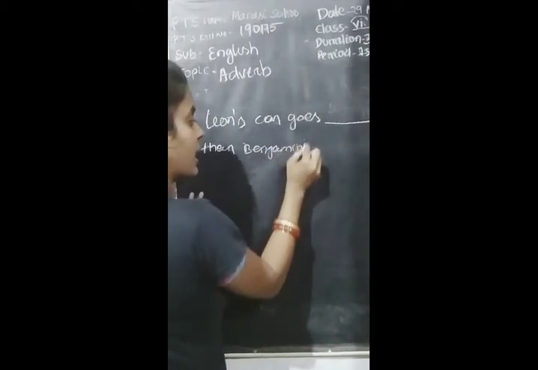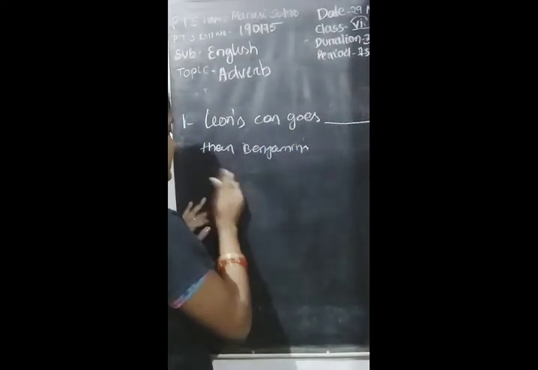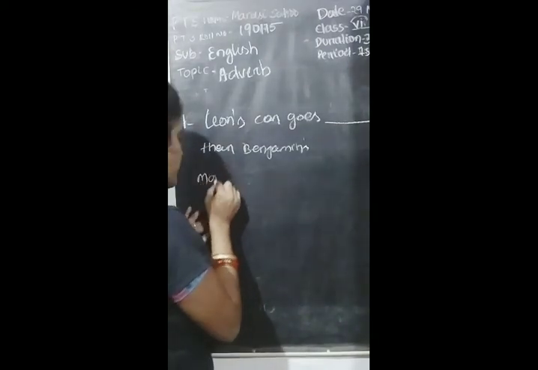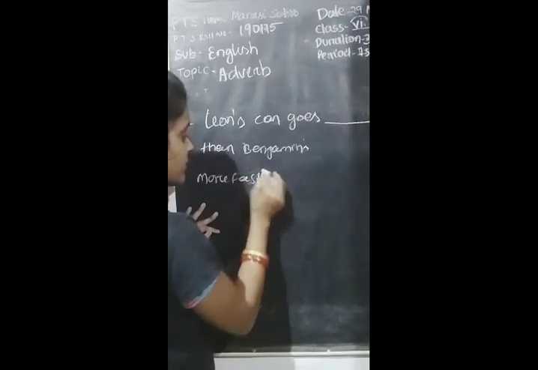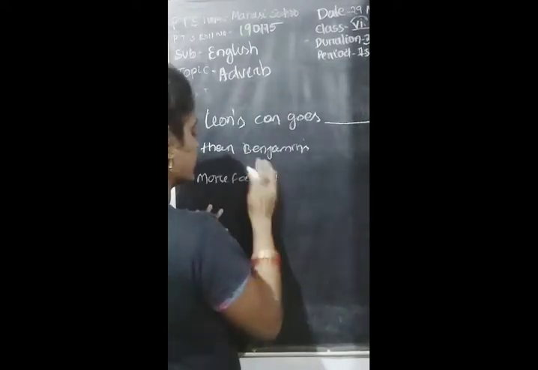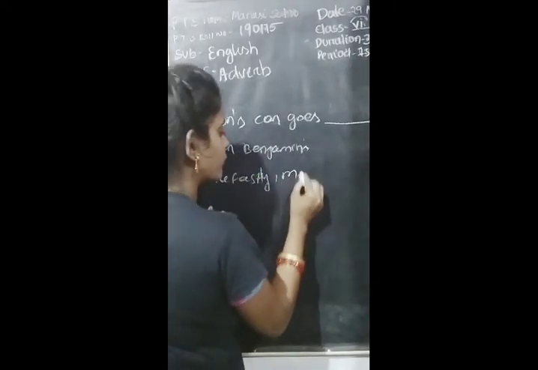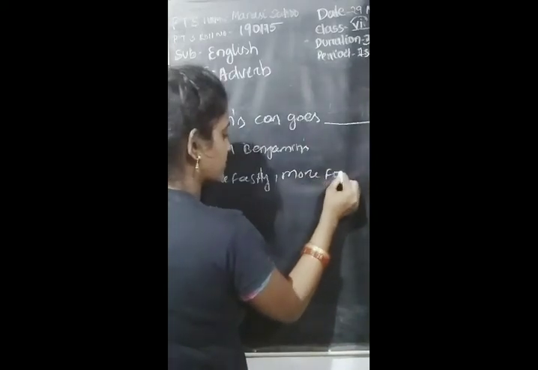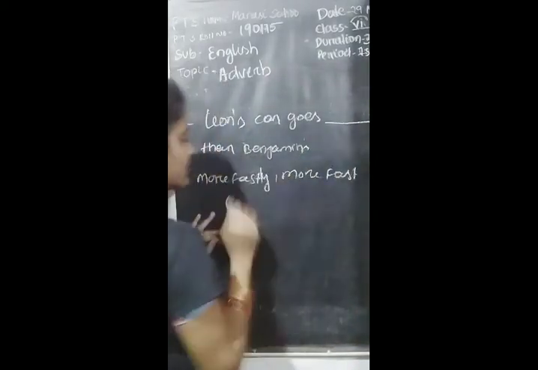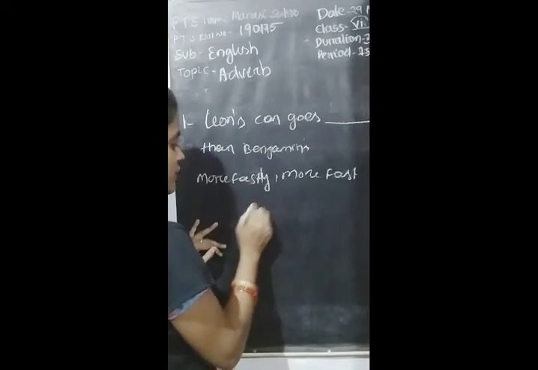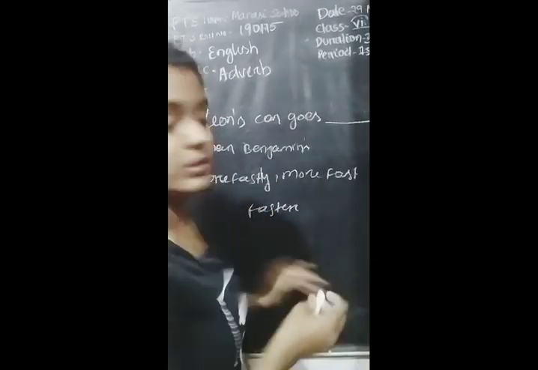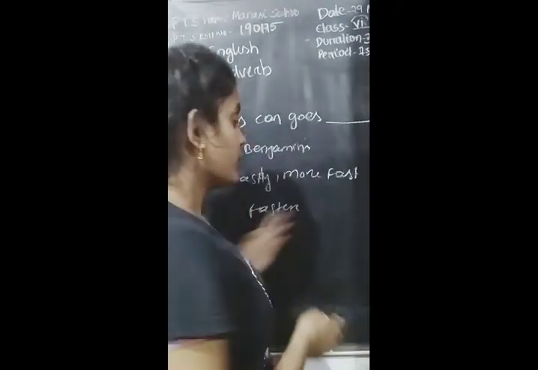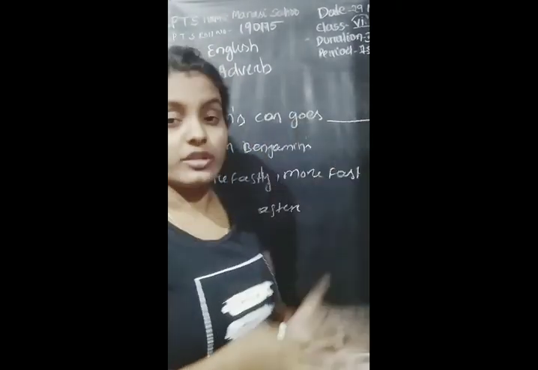Okay, and the options are more fastly, more fast, and one more option is faster. Okay, so now can anyone tell which option is correct for the blank?